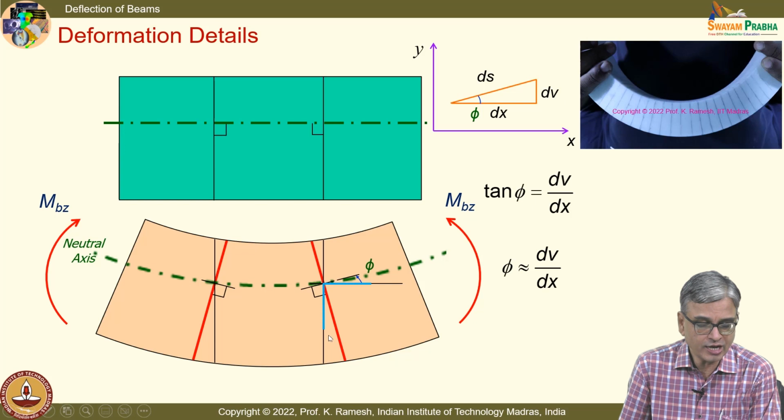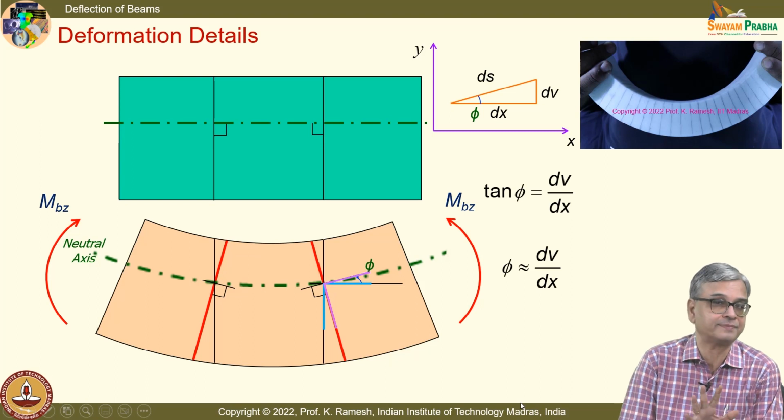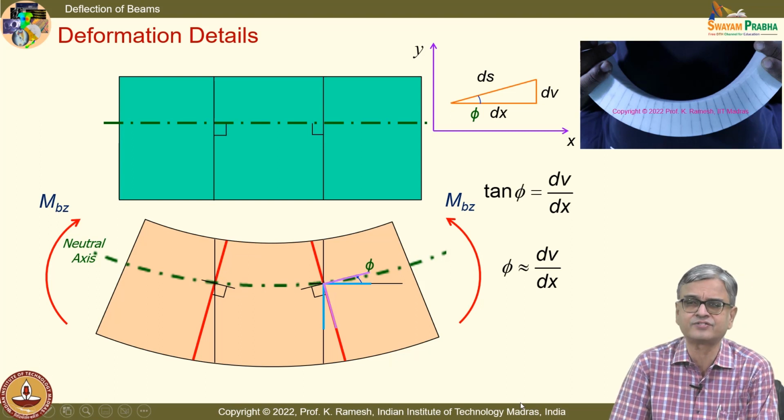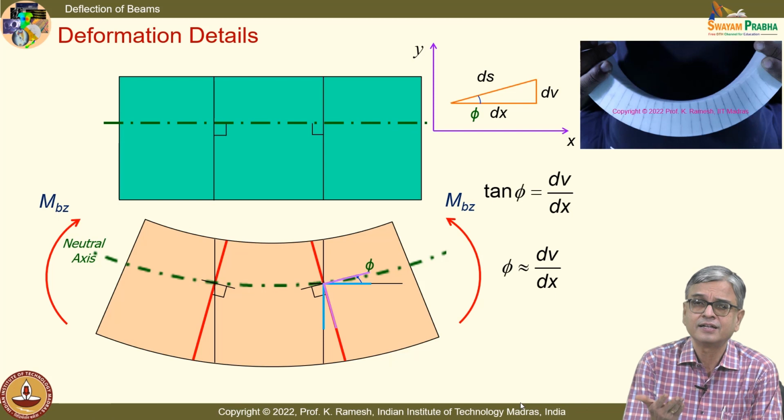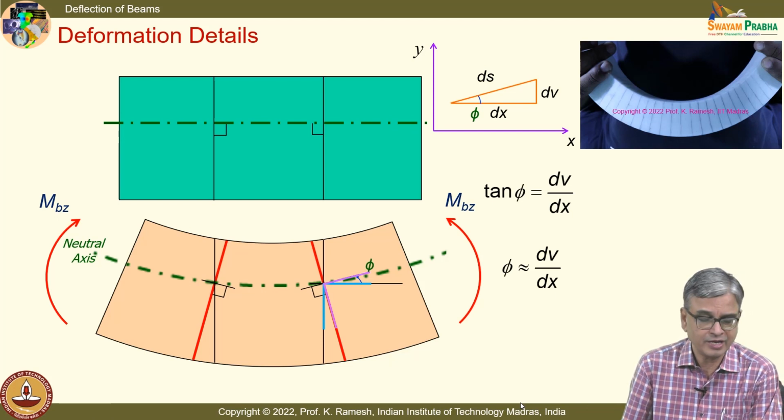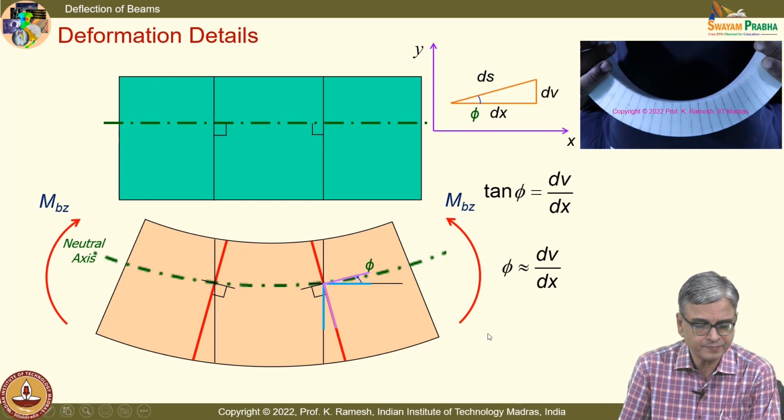And as long as you want to investigate the shear, I have to look at what happens to the original rectangle, how it gets changed because of deformation. The original rectangle remains the original rectangle even after the beam is bent. And we have already seen that shear strain is 0 when I have pure bending. We are discussing only pure bending.